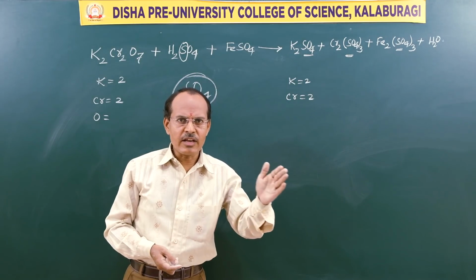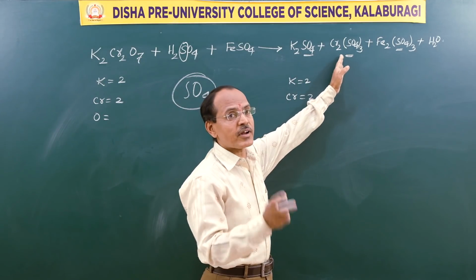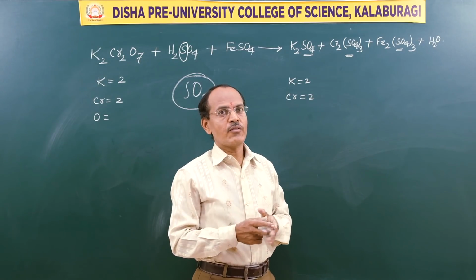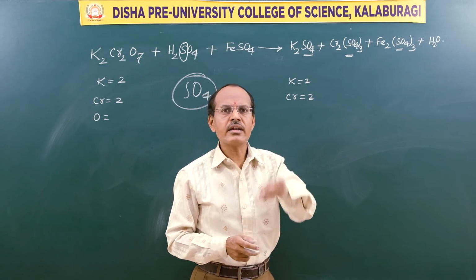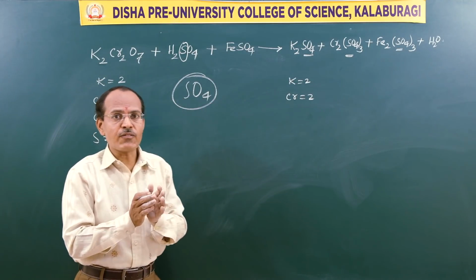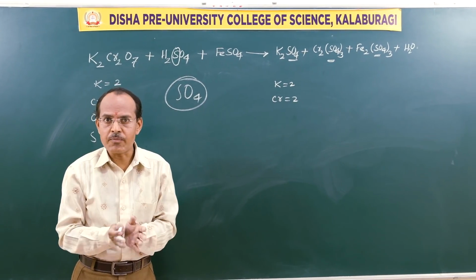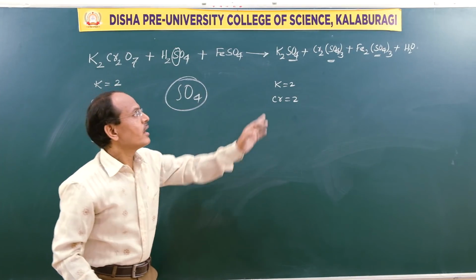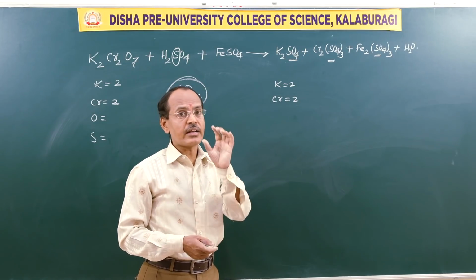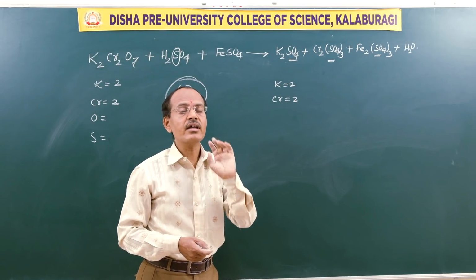If oxygen is independent or sulfur is independent, that means if sulfur is present on more than one side with different configurations and different formulas, at that time you can take it as sulfur. But if it is present in the form of one unit, wherever and however it may be, at that time take it as sulfate, as one unit. That is a very important and interesting point to balance the equation.